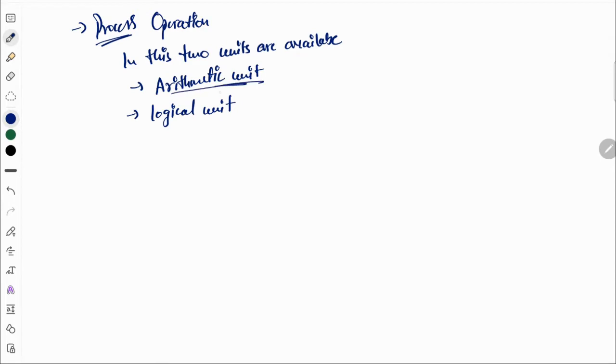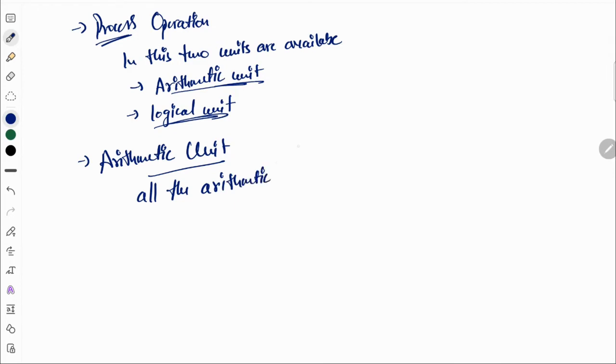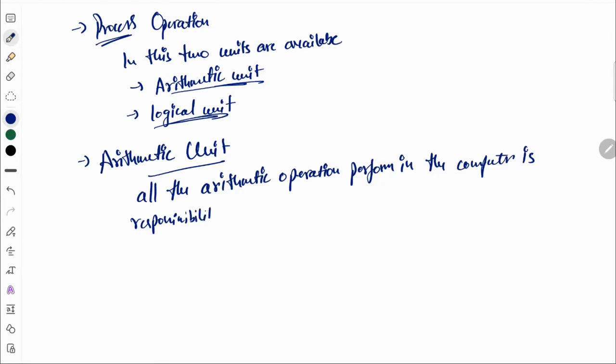What does the arithmetic unit do and what does the logical unit do? All the arithmetic operations performed in the computer are the responsibility of the arithmetic unit.